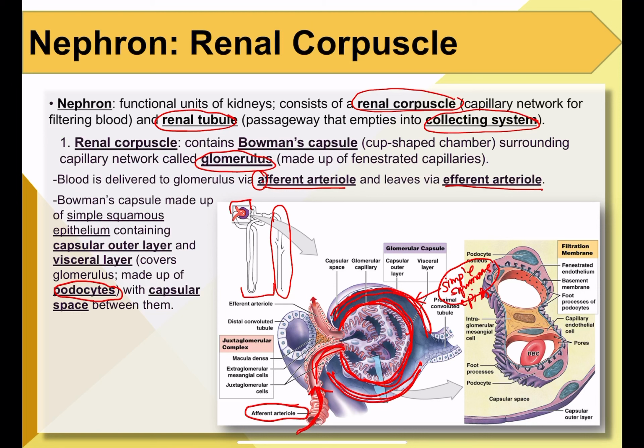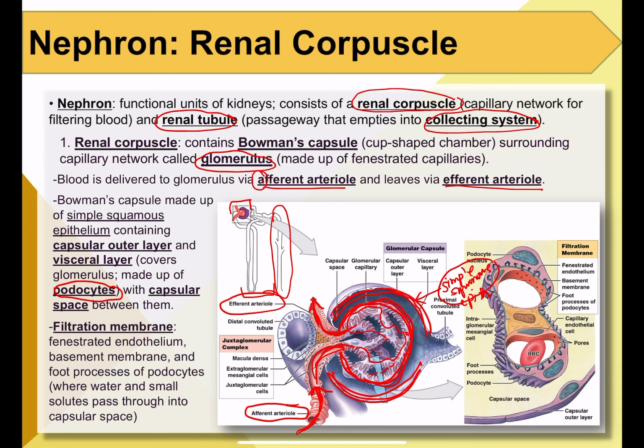Then blood goes into the glomerulus, through all these fenestrated capillaries, and then comes right back out in the efferent arteriole. So blood arrives from the afferent arteriole, goes into the glomerulus to be filtered, and then exits out of your efferent arteriole.